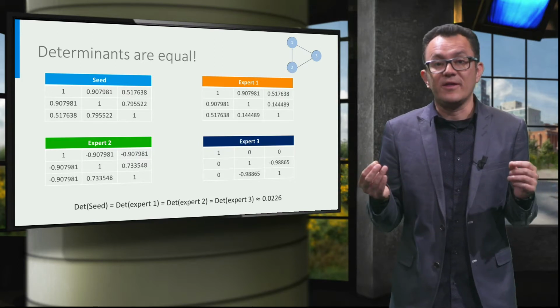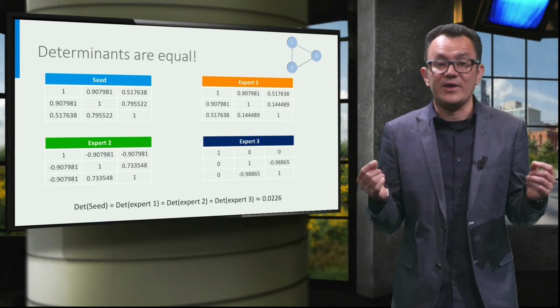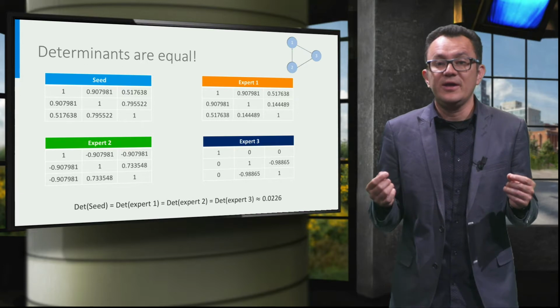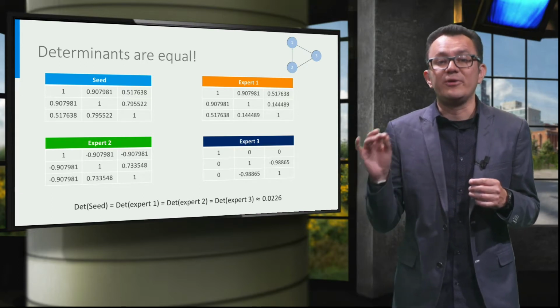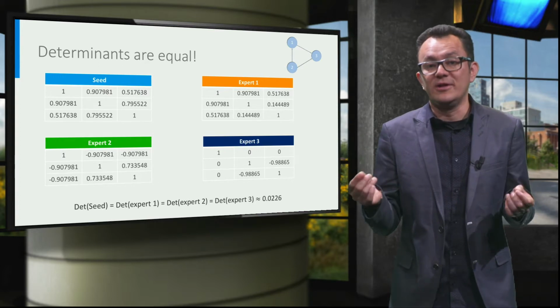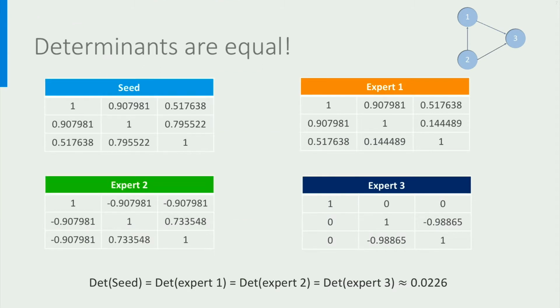After all, the determinant of a correlation matrix is 1 if all variables are independent of each other, and it is 0 if there is a linear combination between any pair of variables in the correlation matrix. However, after taking a closer look, one realizes that this is not a good measure. In our example, all correlation matrices have the same determinant.